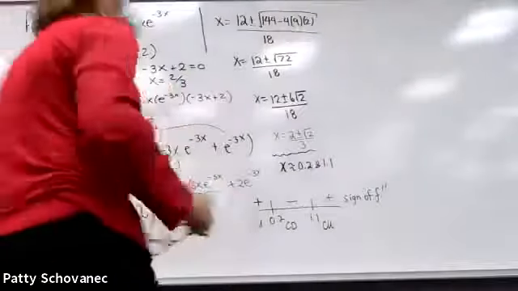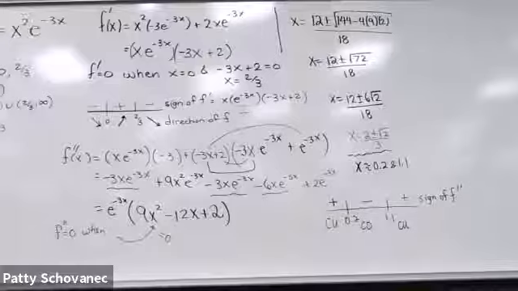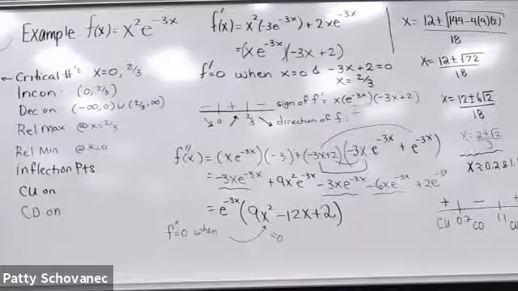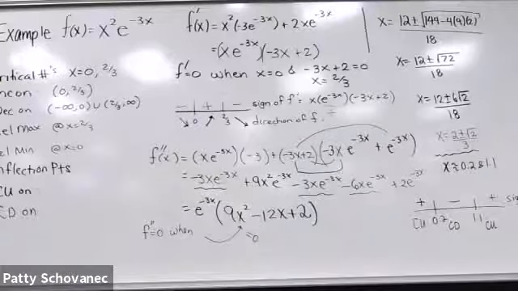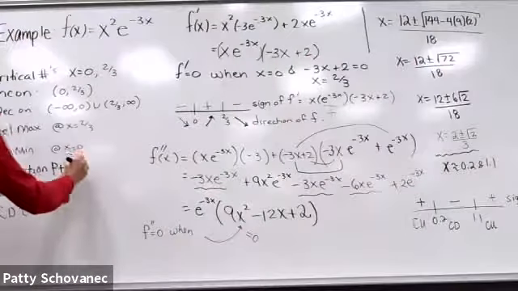So back over here to where we asked about the inflection points and such. I've got inflection points at 0. I'm sorry, at 2 minus the square root of 2 over 3 and 2 plus the square root of 2 over 3.